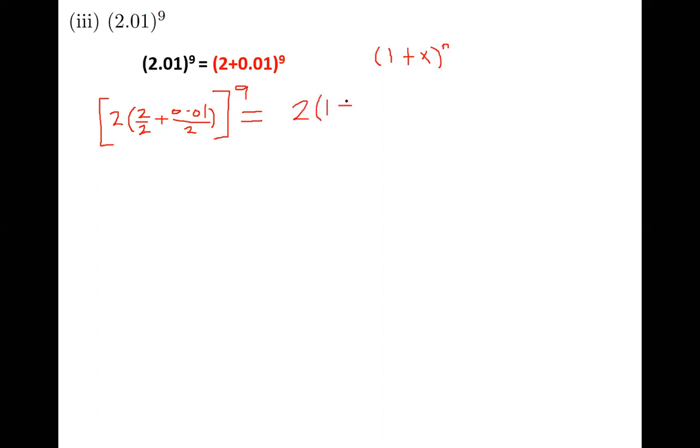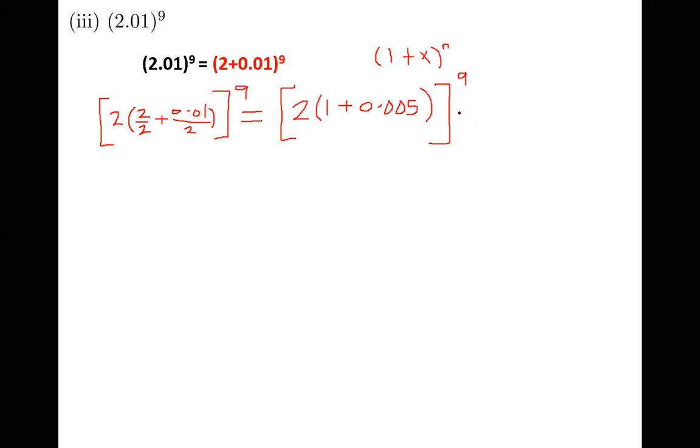And then plus, when you divide 0.01 by 2, you get your answer to be 0.005. But remember, we still have this 9 outside like that.